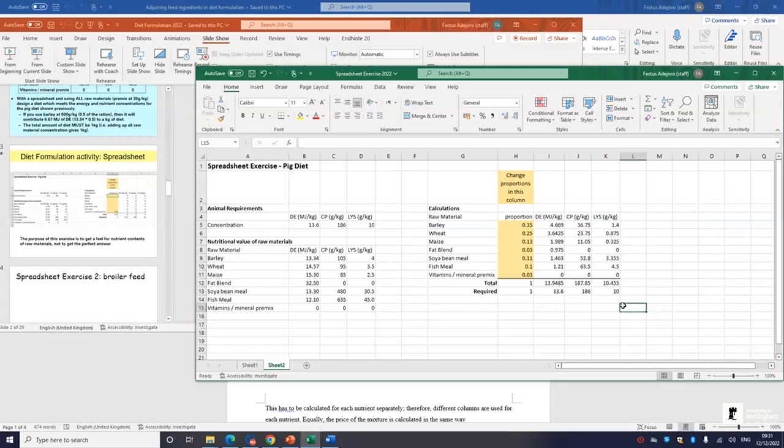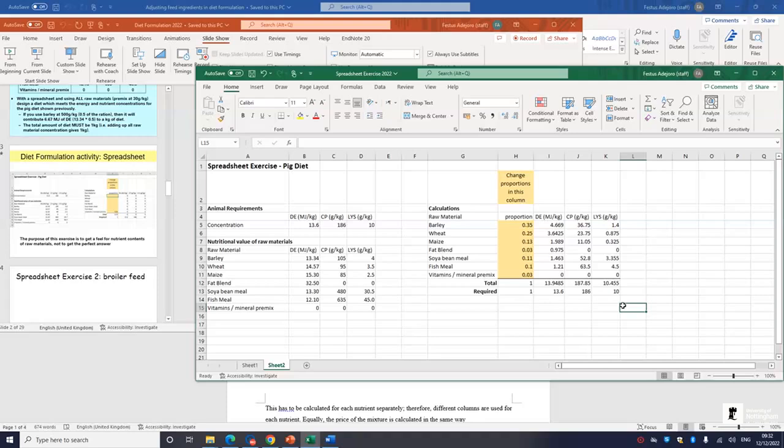In terms of meeting the crude protein requirement of the animal, which was 186 gram crude protein per kg, my mixture gave me 187, which also exceeded the requirement. For lysine, I also exceeded. Instead of 10, I had 10.5 approximately.